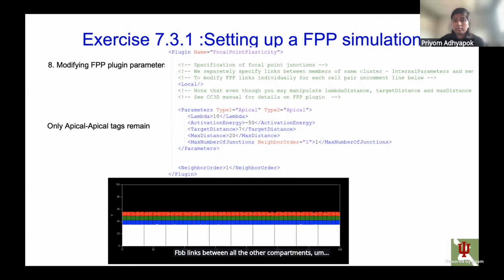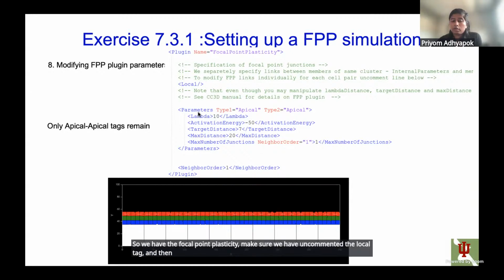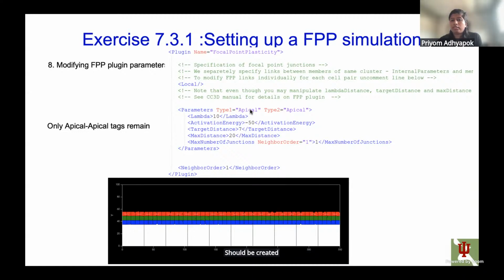And so at the end, what our FPP tags should look like is this. We have the focal point plasticity, make sure we have uncommented the local tag, and then our FPP links should be created only between apical to apical cells.